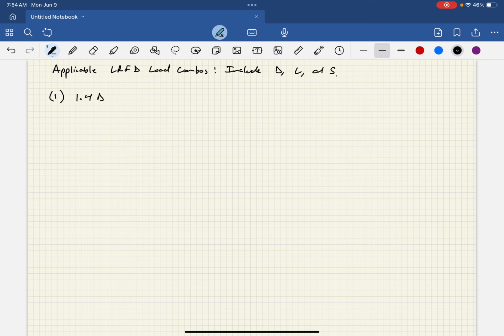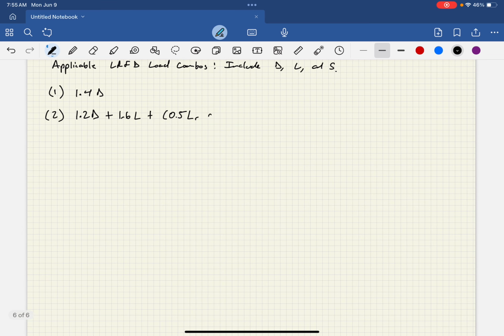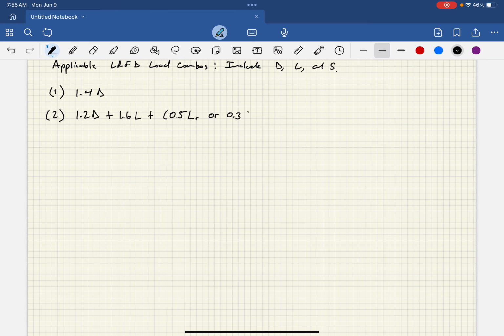The second one that's going to be applicable is 1.2 times the dead load plus 1.6 times the live load, and then plus this larger term with or statements in there. That'll be plus 0.5 roof live load or 0.3 snow load or 0.5 times the rain load, okay? Now, the question in this problem specifically has dead, live, and snow load.